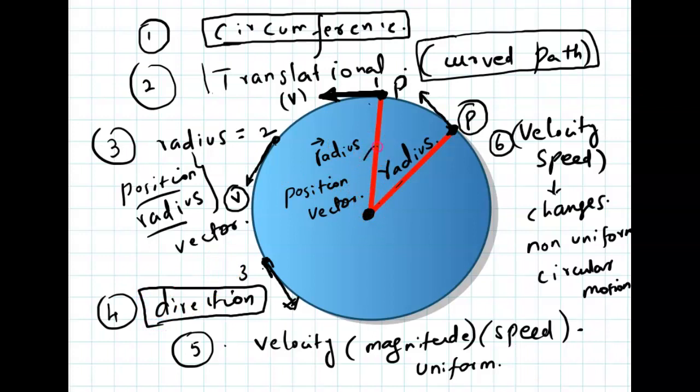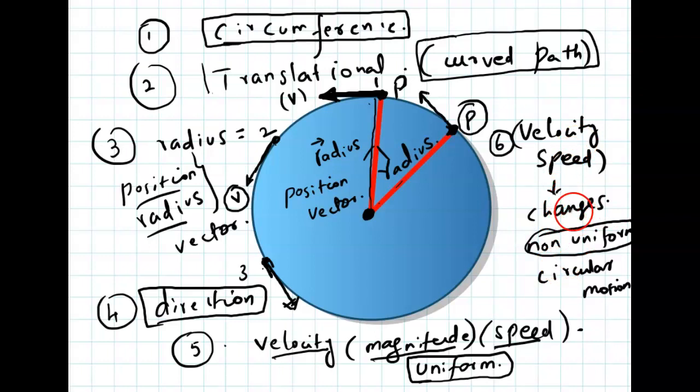It goes from the center to the particle. And here the velocity magnitude is constant because the motion is uniform. If the motion is non-uniform, then the magnitude and the direction both will change.